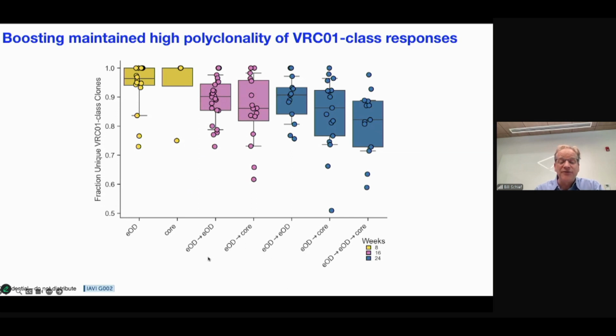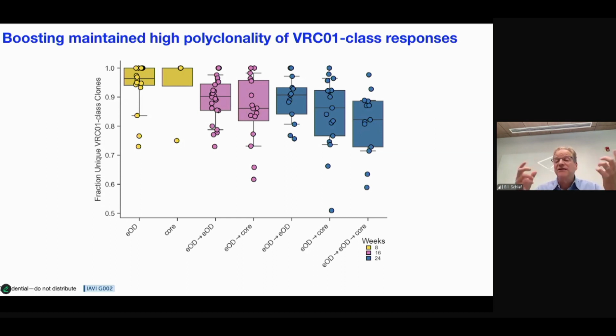You can see, for example, if you get EOD followed by core, each symbol is the fraction of VRC01 class B cells that are a unique clone for one individual. This bar is the median overall. So about 85% of all the VRC01 class responses in all the individuals after this heterologous boost derive from what we believe is a unique precursor.